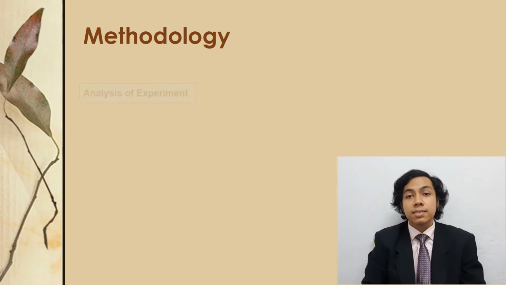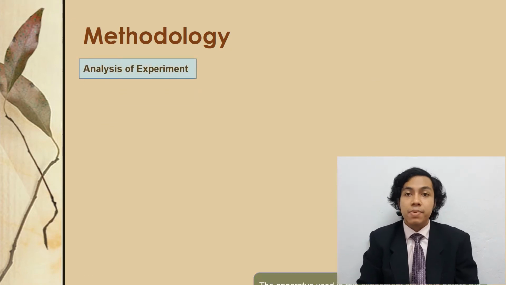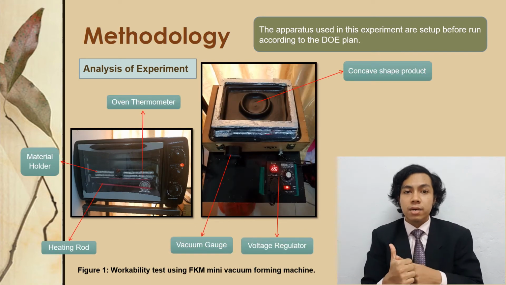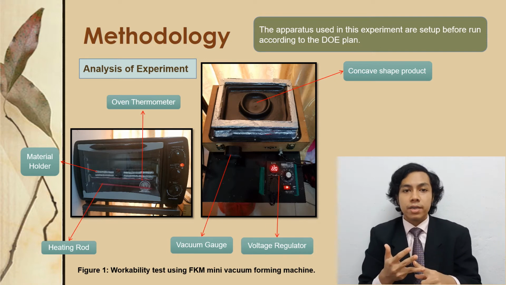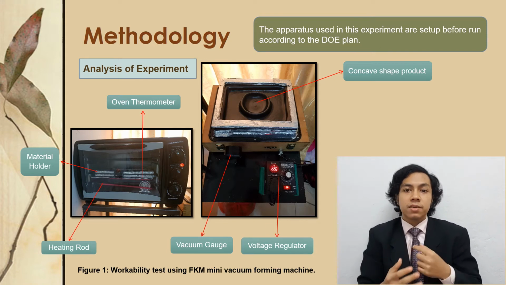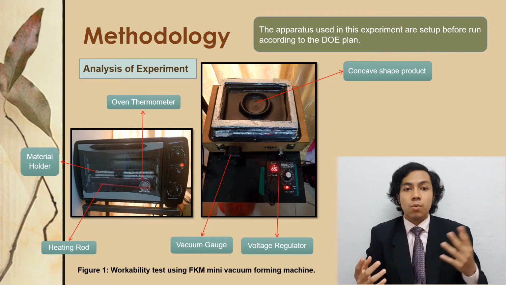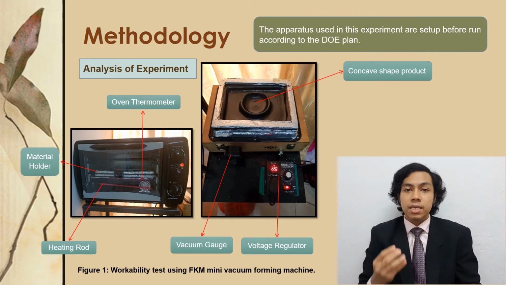Next is the analysis of experiment. The apparatus used in these experiments are voltage regulator, vacuum gauge, vacuum machine, electric oven, oven thermometer, and surface roughness tester as a reference. As shown in Figure 1, the oven thermometer is placed inside the electric oven.